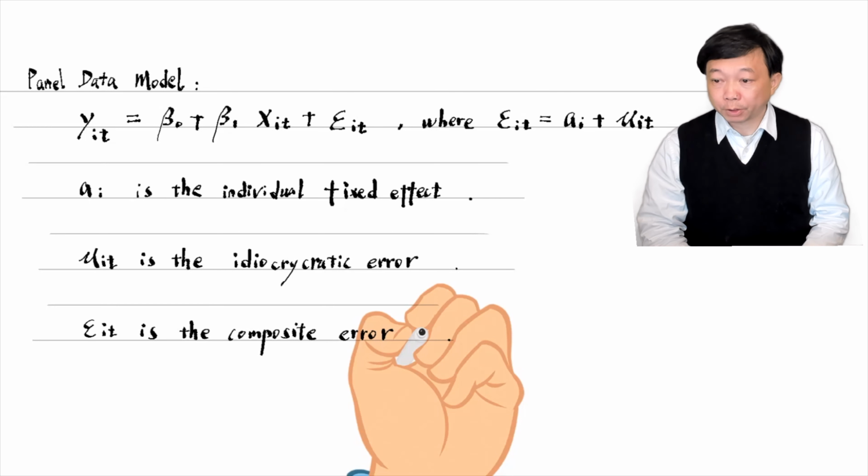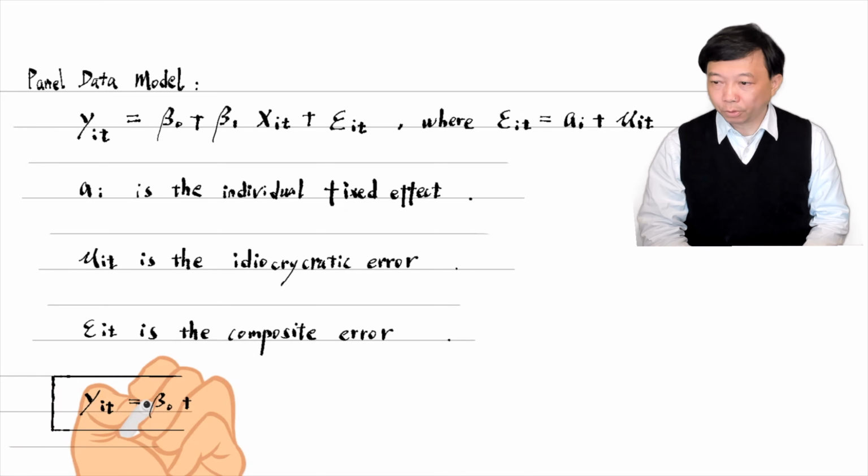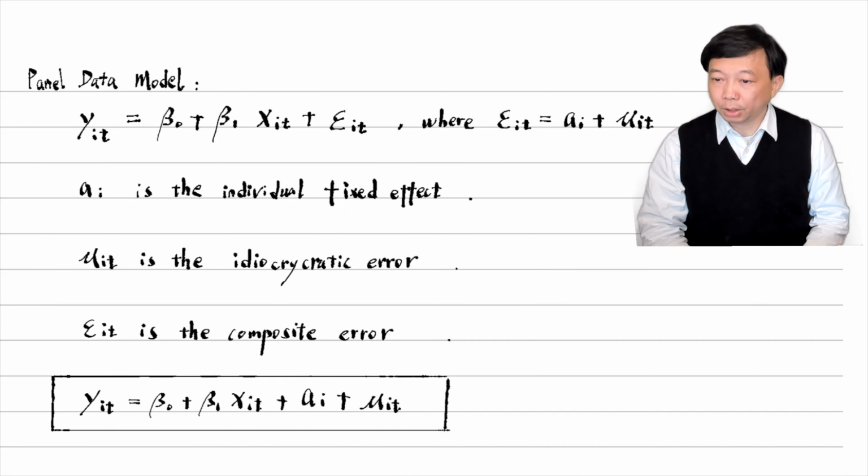The individual fixed effect a i contains all factors that do not change over time but affect the outcome y. In our example, they include the worker's gender, years of schooling completed, and other time constant characteristics of the workers. The panel data method aims to take into account the time constant unobserved factors in a i as if we have controlled them in the model.